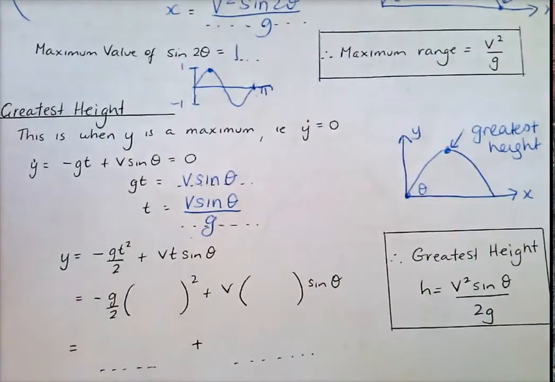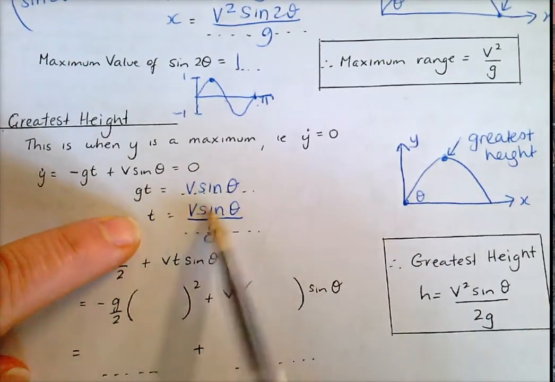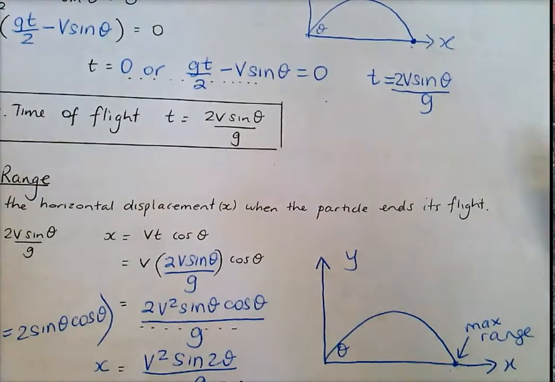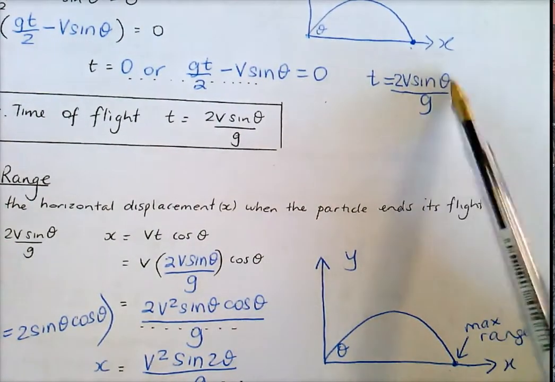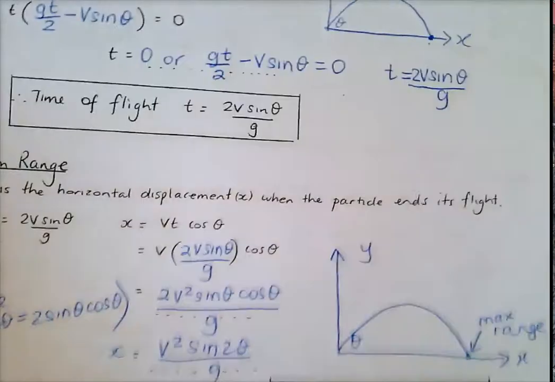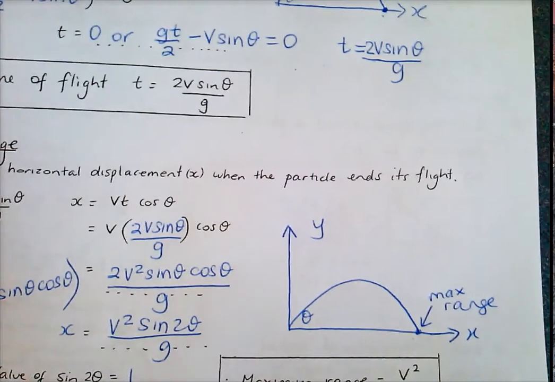Now, girls, before you go on any further, look at that value. t is v sine theta on g. Go back up to time of flight: 2 times v sine theta on g. Your time of flight is double the time to reach the maximum height. Do you see that? But that will only happen if the particle starts on the ground and finishes on the ground.